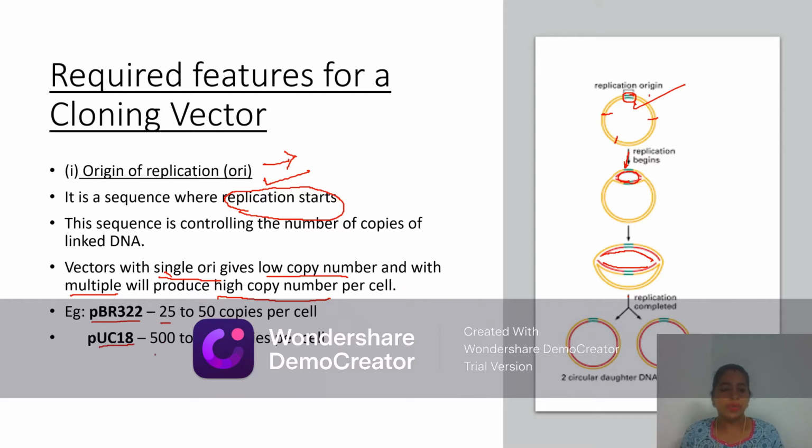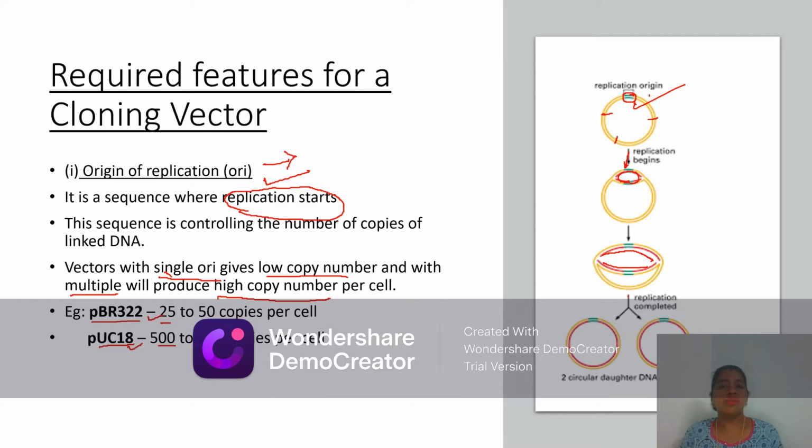If you are using the vector pUC18, you will get 500 to 700 copies per cell. That is the reason I am saying a single ORI will give a low copy number, and multiple ORI will give a high copy number per cell. So pBR322 gives 25 to 50, and pUC18 gives 500 to 700 copies per cell.